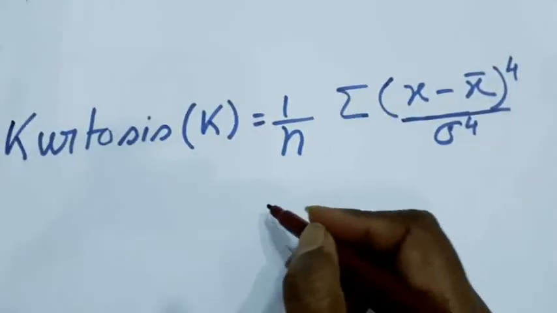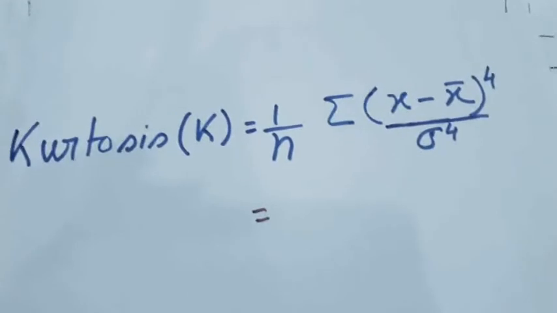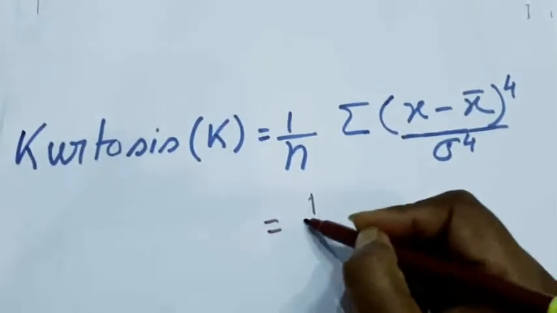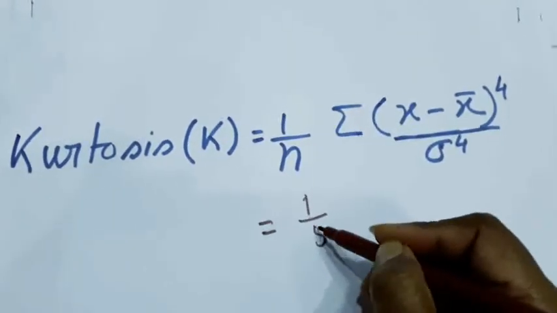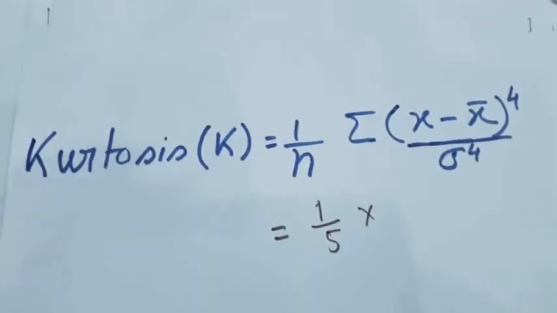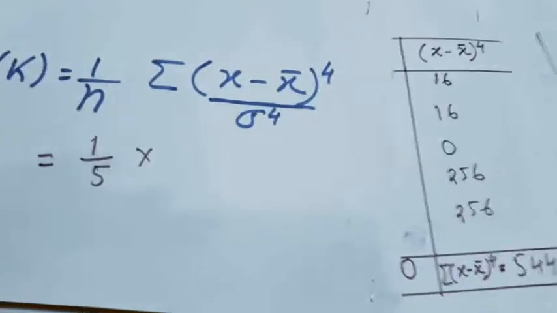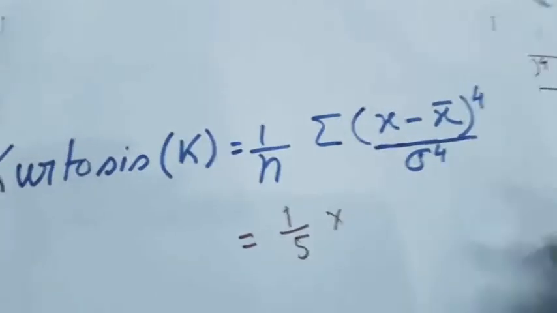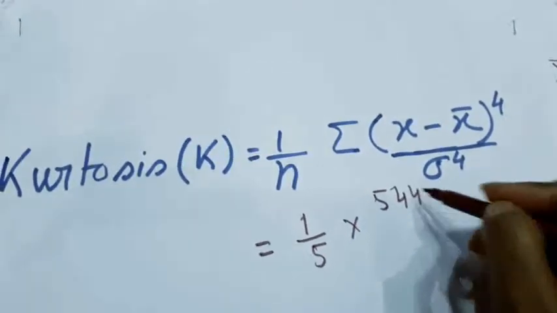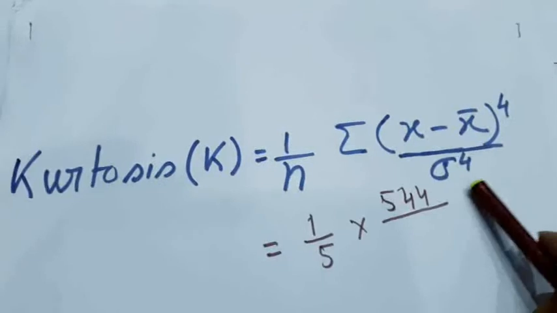Okay, now this is our formula. We will put these values. It is 1 by 5 into (x minus x bar) whole to the power 4, which is 544, divided by sigma to the power 4.